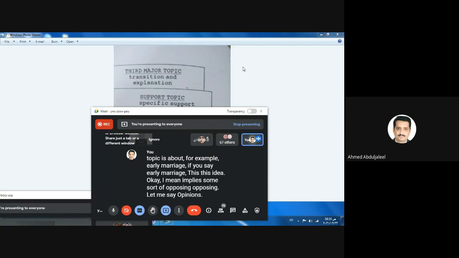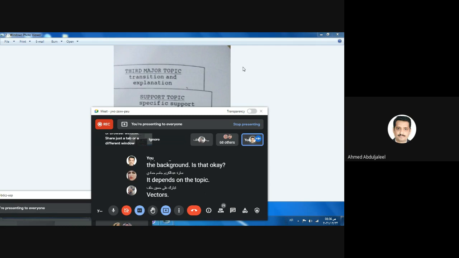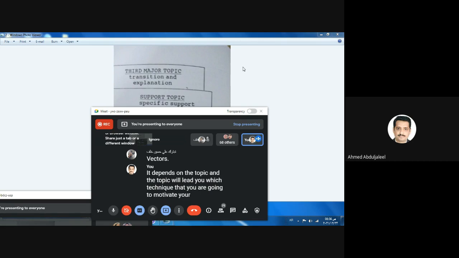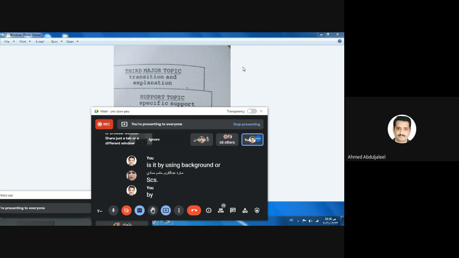Are you with early marriage or against? So the idea itself will tell you that you have to follow the opposing idea rather than the background. It depends on the topic, and the topic will lead you to which technique you use to motivate your reader, background or opposing ideas.